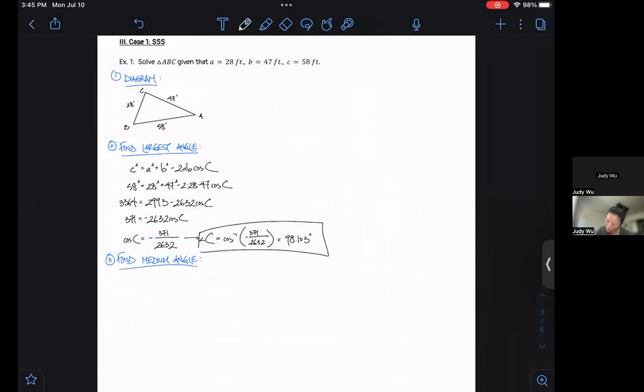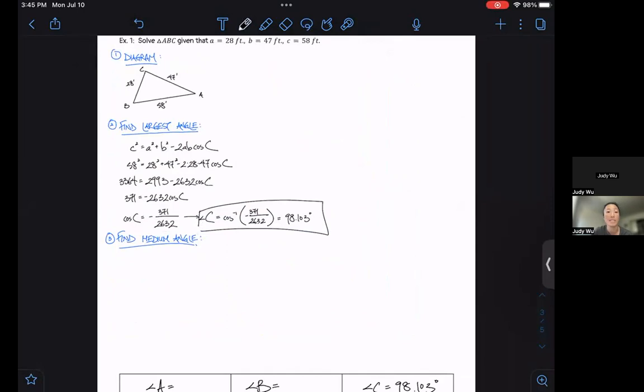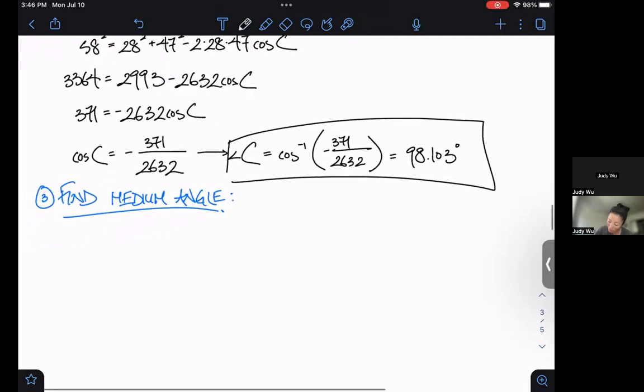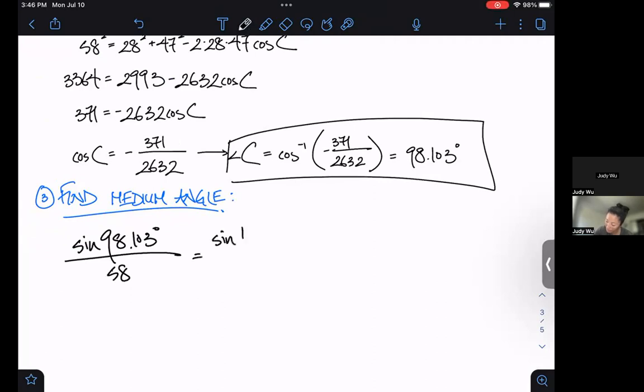To find the medium angle, that means now we're finding angle B. At this point we can usually use law of sine. So sine of 98.103 degrees over side C, which is 58, equals sine of B over 47. We could use law of cosines again, but that ends up being a lot more computation.